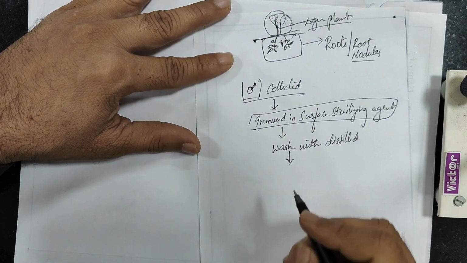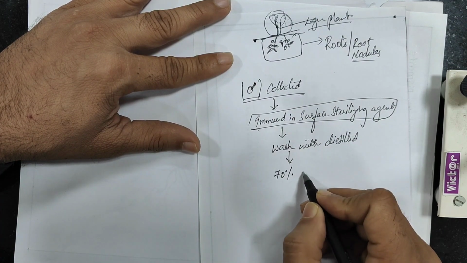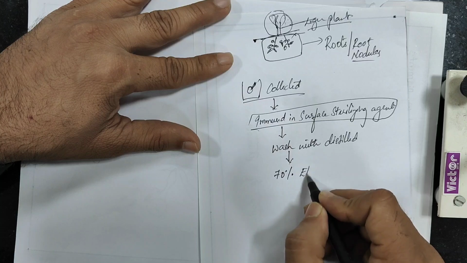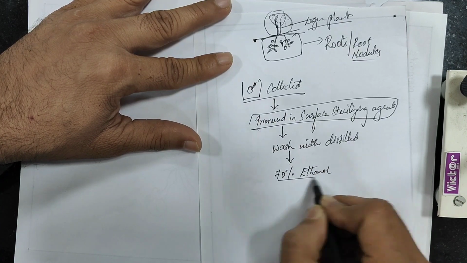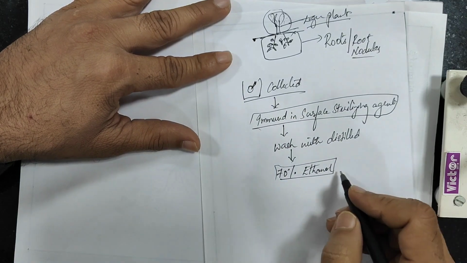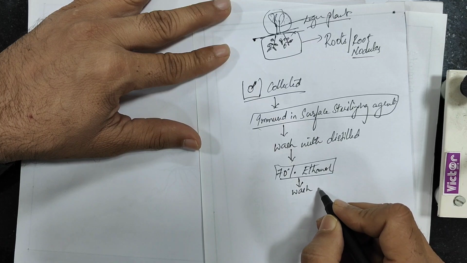Then again it is dipped into 70% of ethanol, 70% of ethanol, again wash with distilled water.